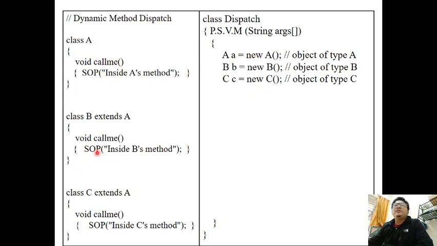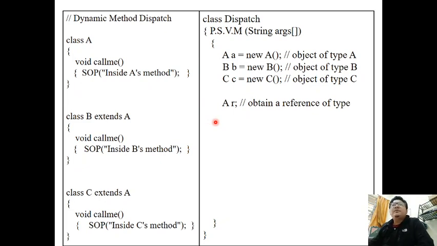If you want to invoke the method of class B, you can invoke B.callMe. But that way is compile time polymorphism.